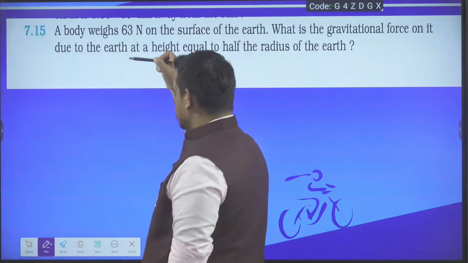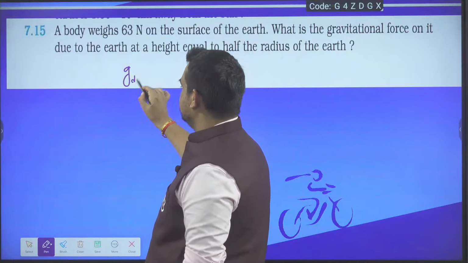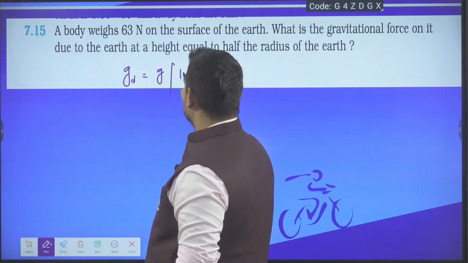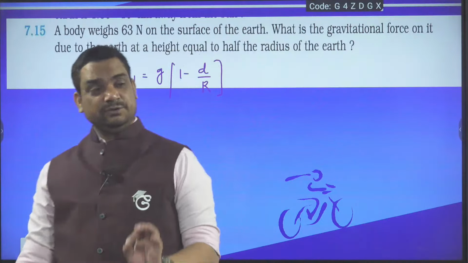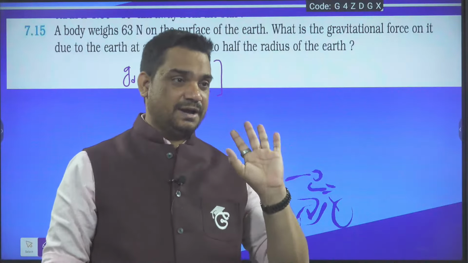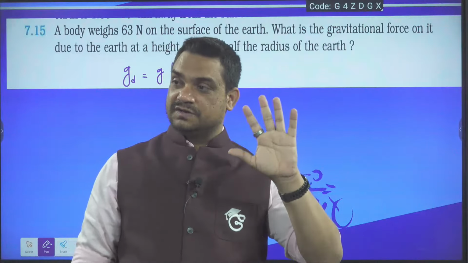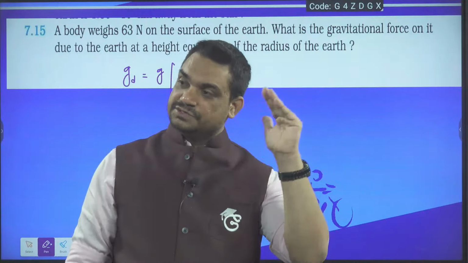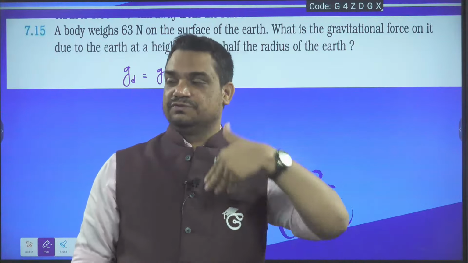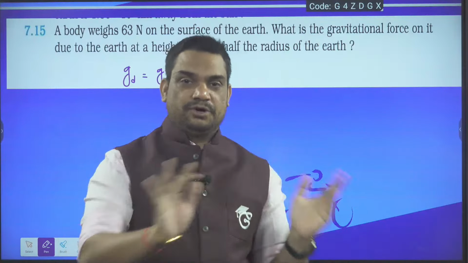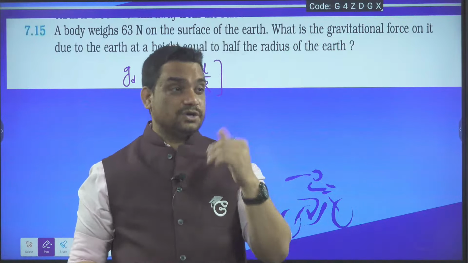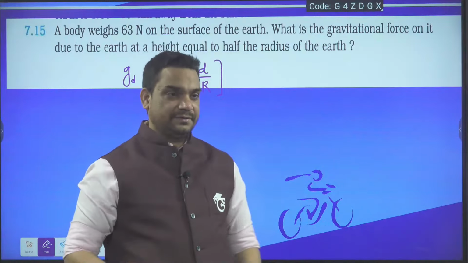So we can say the actual formula with depth is GD equal to G times 1 minus D by R. This will be useful whenever you revise one time and do your face, because I have kept a lot of questions in the face examination also. We tried to cover almost the whole exemplar and these important questions of the exemplar, whatever was not possible in this one, we have covered there.